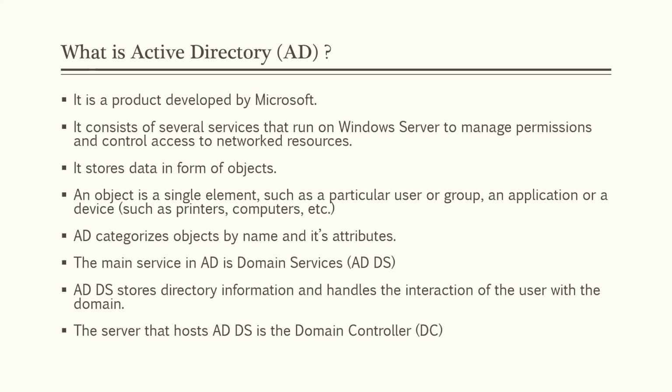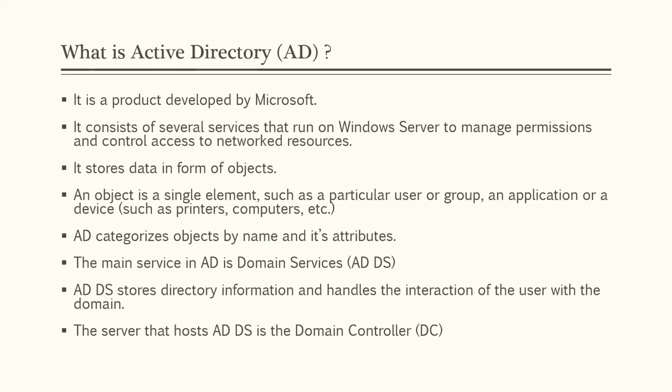Now, coming to the services that Active Directory runs, we will be taking a look at many of these services, but the key point to notice here is that the main service of an Active Directory is something called a domain service, which is also known as ADDS. ADDS stores directory information and handles the interaction of the user with the domain.